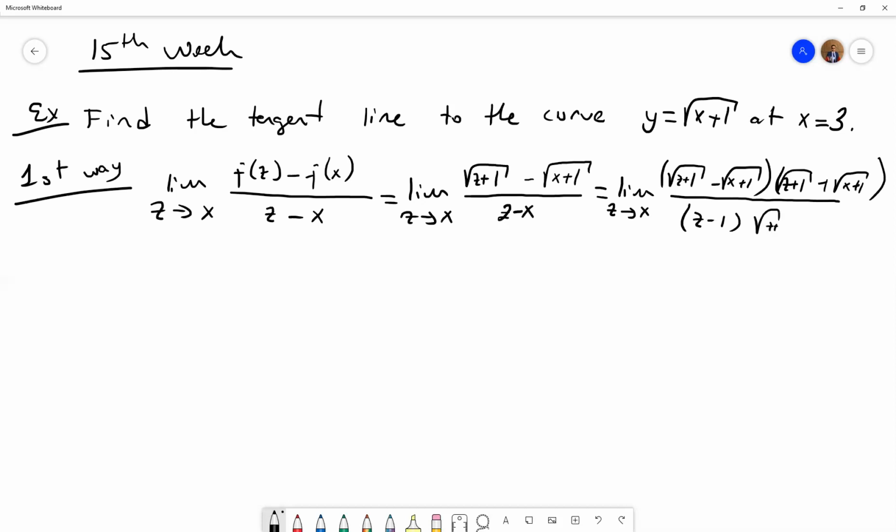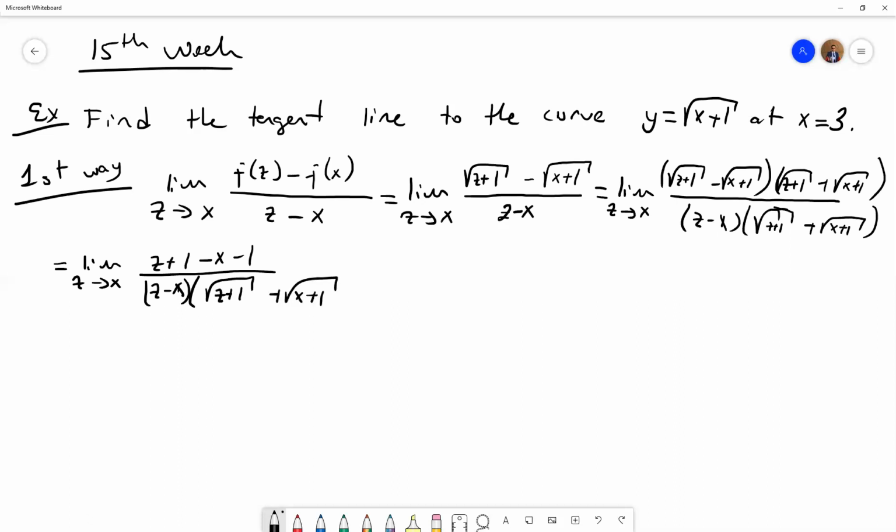You see that on the numerator we have z plus 1 minus x minus 1, and the denominator z minus x, multiplied with square root of z plus 1 plus square root of x plus 1.